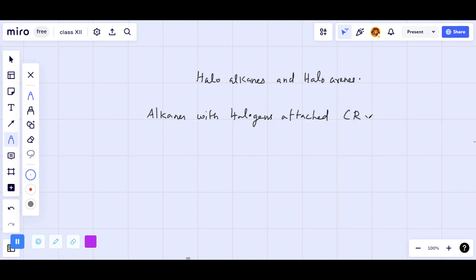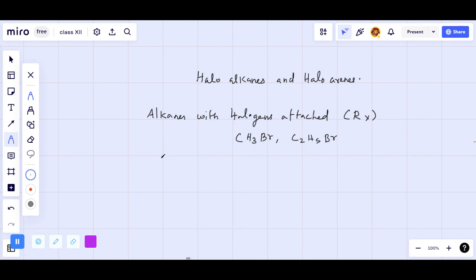That is RX general formula. If you want to give a specific example, we can give CH3Br or C2H5Br, anything. So this is haloalkanes.